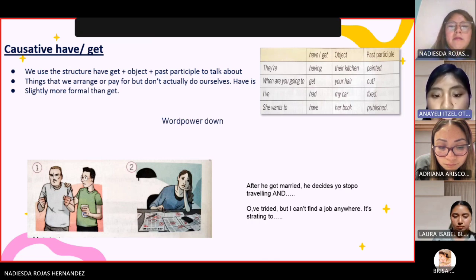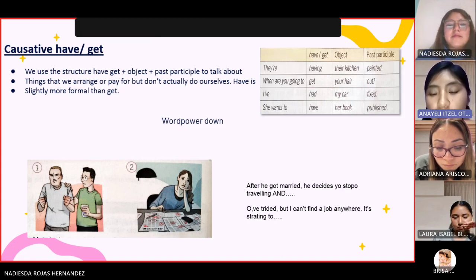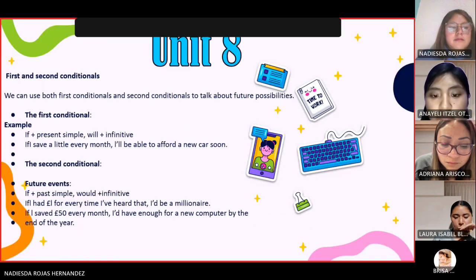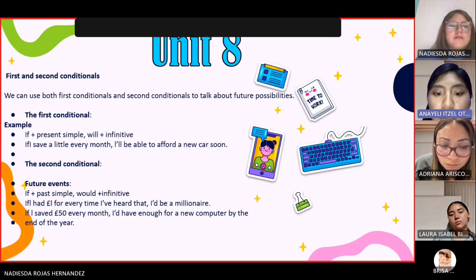And a tip: we use a reflexive pronoun to emphasize that it is done by somebody else to something. Next. In vocabulary, for example, producer, director, film crew, viewer, actors, production.